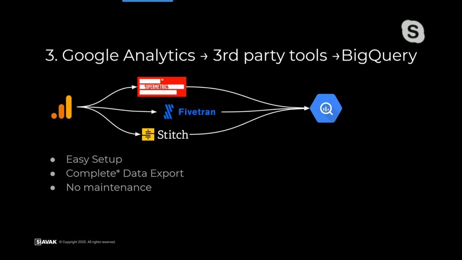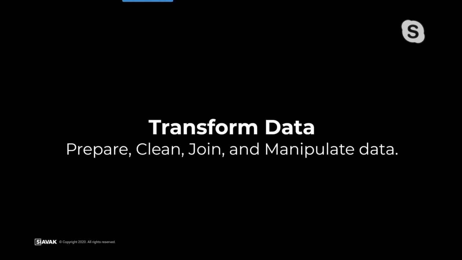You're paying for the tool, so they do the maintenance and updates for you, but you have to pay for the subscription. But anyway, it is really cheap compared to buying Google Analytics 360. It depends on your usage and the volume of data, and they have different pricing structures, but they are still fairly easy to access.